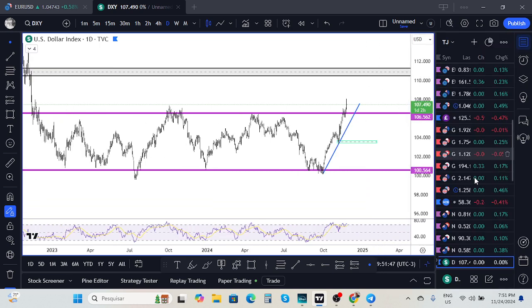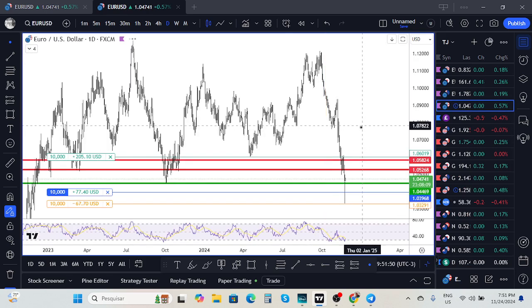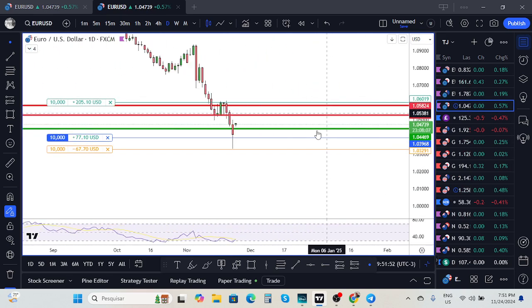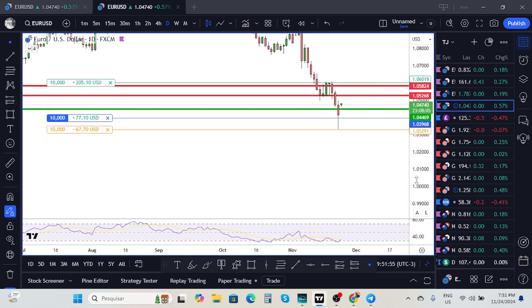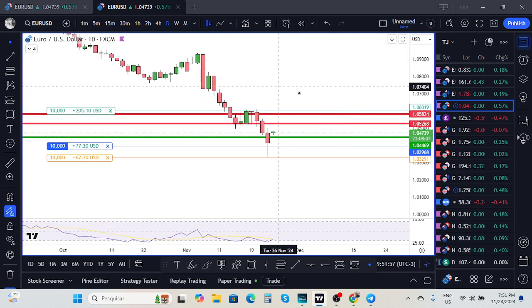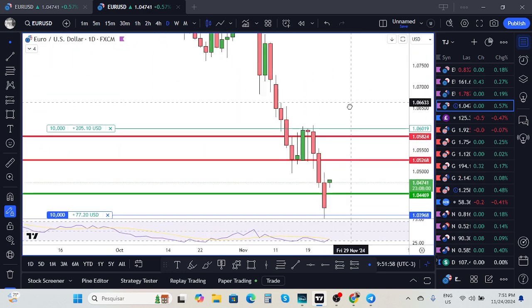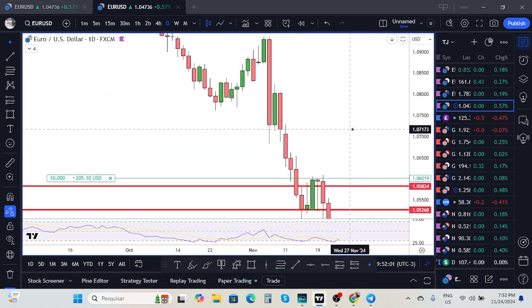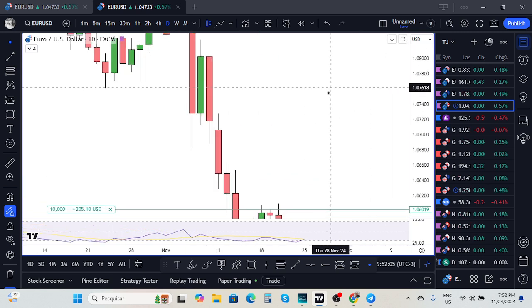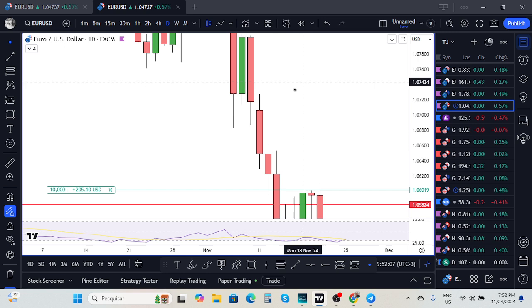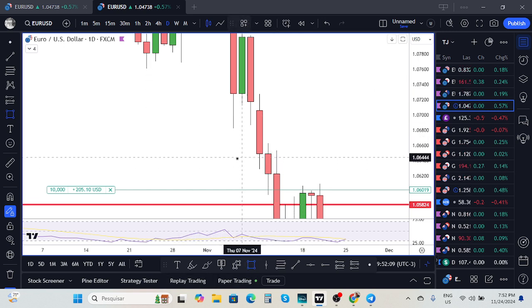So you can take advantage looking at the EUR/USD, as you can see right here on the EUR/USD daily time frame. I am looking at a buy right here. I can also see that here there was a gap at this level.